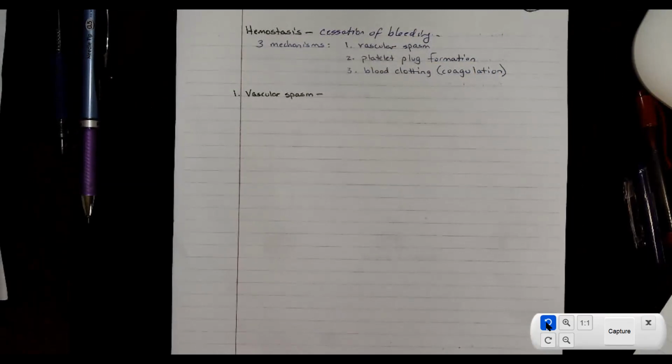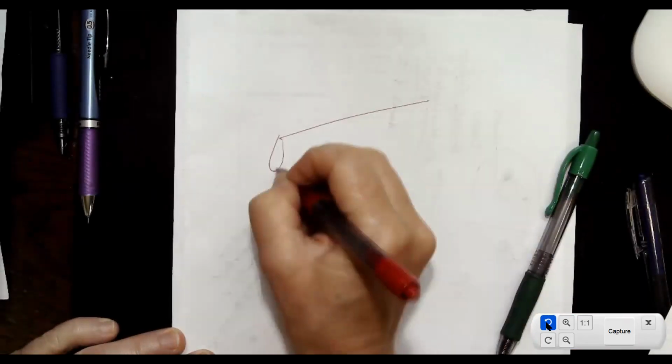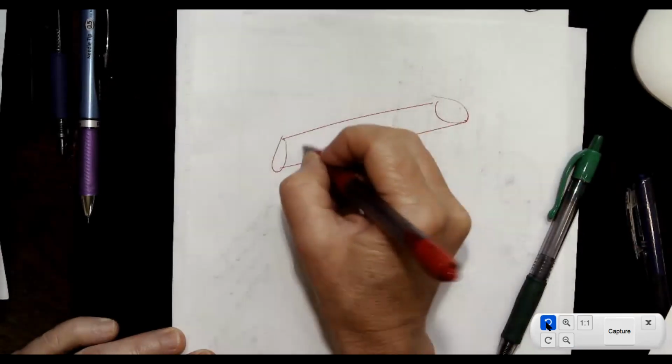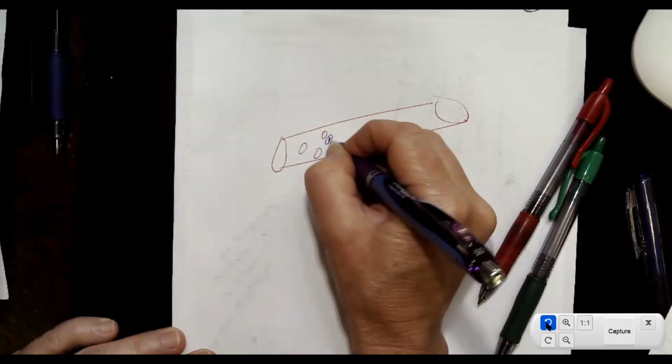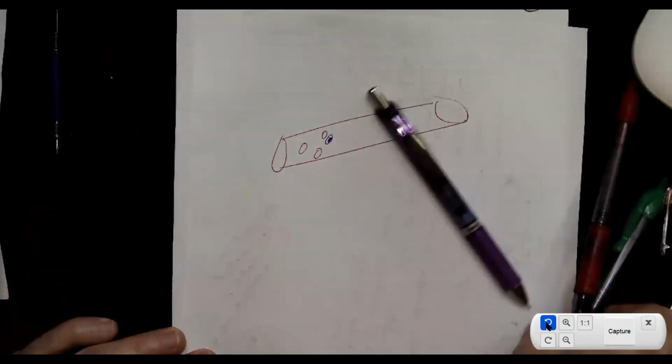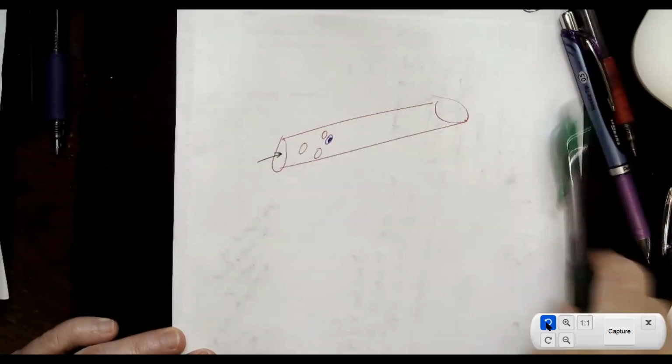So normally, you know, you have your blood vessel, and the red blood cells, white blood cells are running through here, all happy, big nucleus there. They're flowing through great, all right?